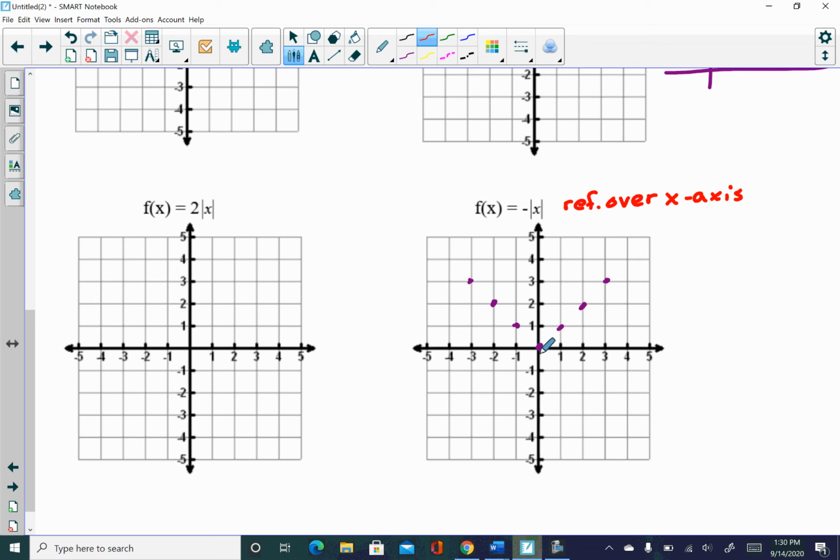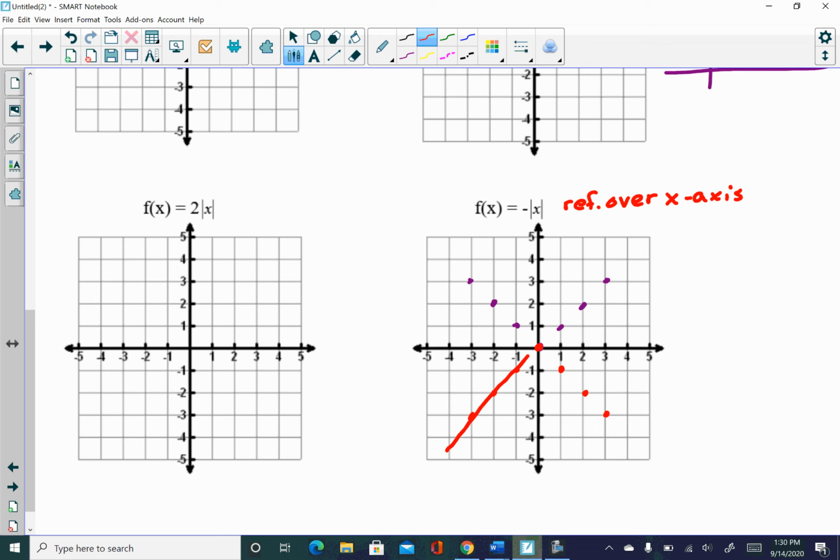So think about it. Well, the vertex, that's essentially where it's going to hinge at, right? But the point 1, 1 is going to become 1, -1. And 2, 2 is going to be 2, -2. Kind of think about it just sort of hinging there at that vertex point.